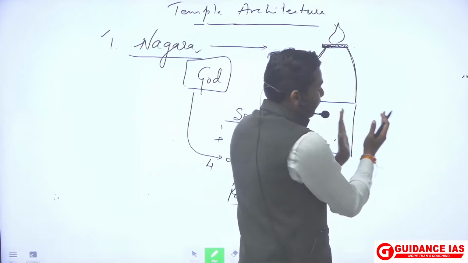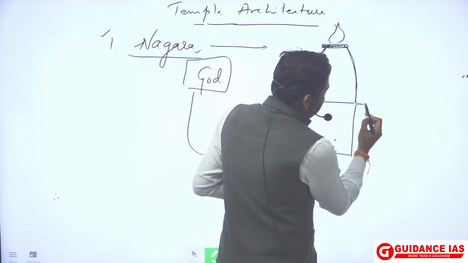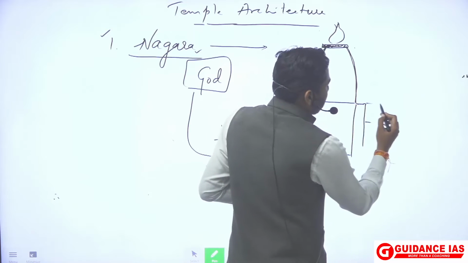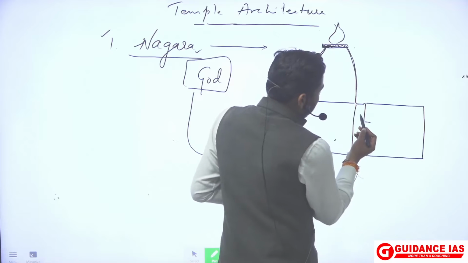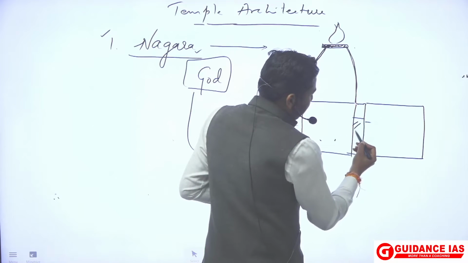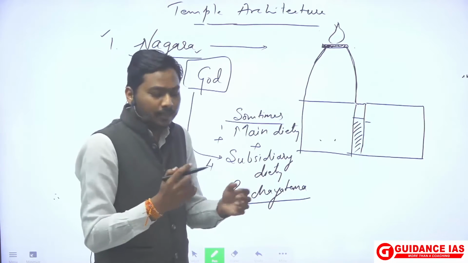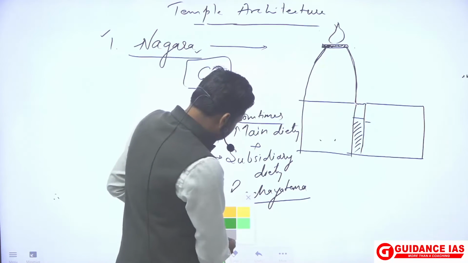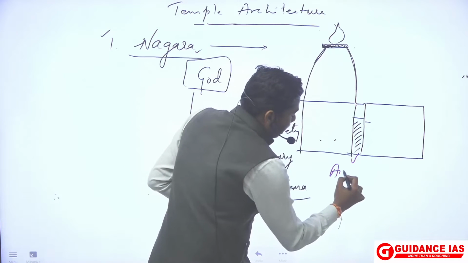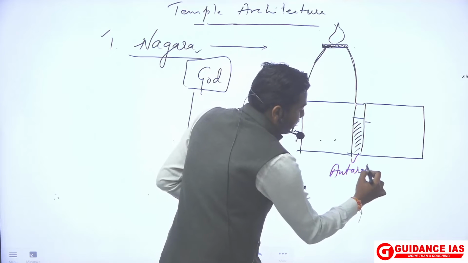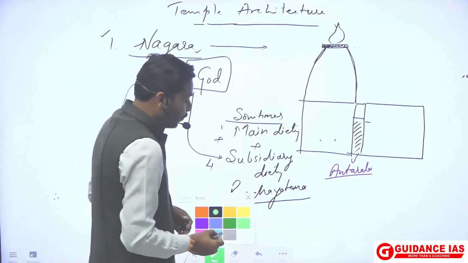So that is the main thing. After this sanctum sanctorum, in some places there is not a mandap immediately; there is a certain area which connects the mandap and garbhagriha. This particular area is called antaral. Antaral. In modern day architecture, we call it a vestibule. Clear?